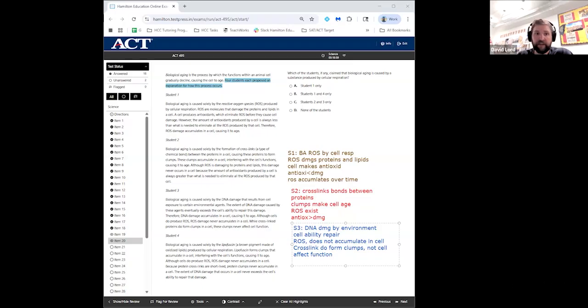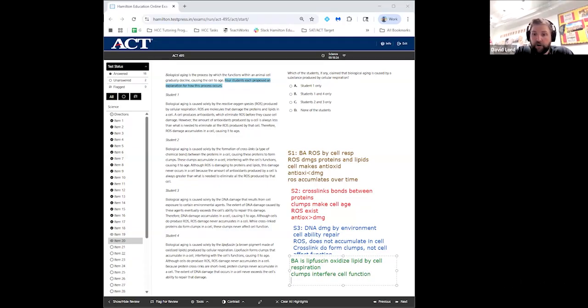All right, and then lastly, scientist 4. Biological aging is caused by lipofuscin, which is an oxidized lipid, produced by cell respiration. Well, they do repeat the word cell respiration as the other scientists. It forms clumps. So also forms clumps, different types of clumps that interfere with cell function.